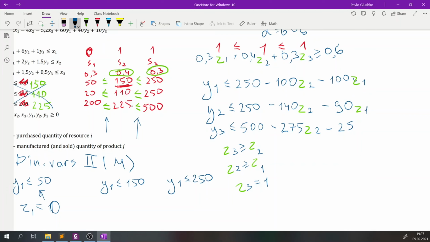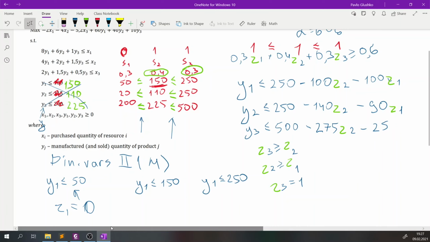Let's first look at how we can deactivate any constraint. You see that here y1 is less than 50, so it's quite restricted. But what will happen if I add to the right-hand side some very huge number? We had before some huge number, which is m. So m is some very, very huge number, almost infinity. Now if I say that y1 is less than 50 plus something almost equal to infinity, it means that even though this constraint exists, y1 is not restricted by it. My production is maybe restricted by other constraints, but definitely not by this.